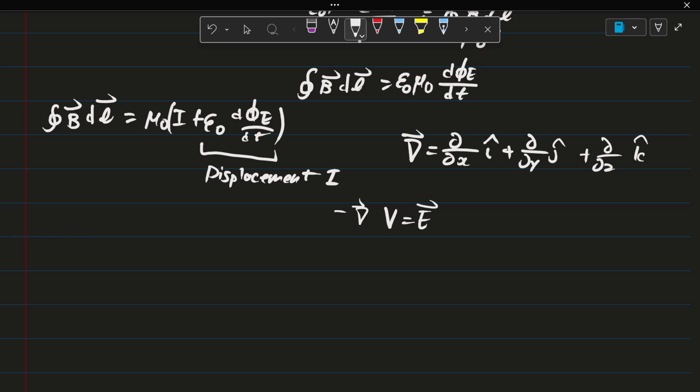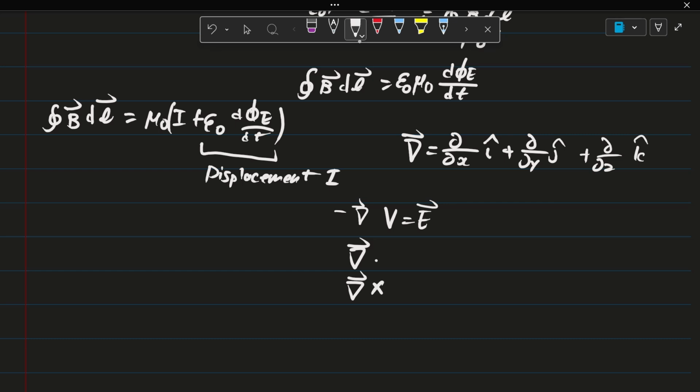Since this is also a vector, it would also make sense if we multiply this not with a scalar, but with a vector. And so there are 2 other types of operations using the nabla operator.